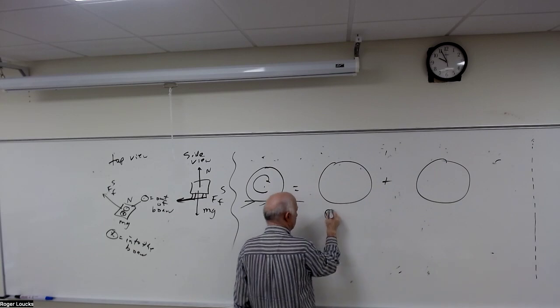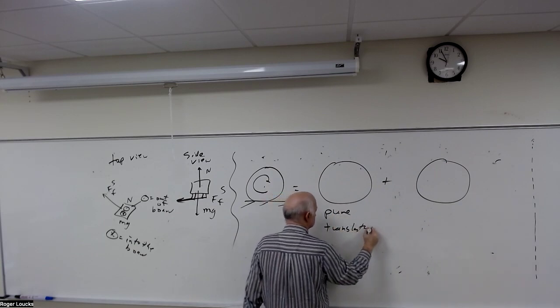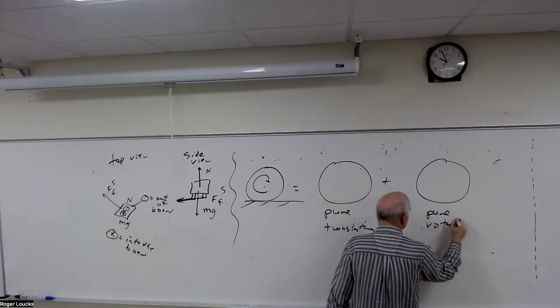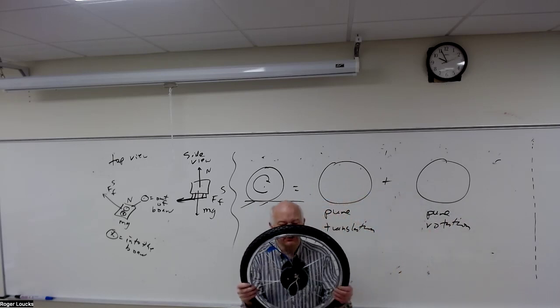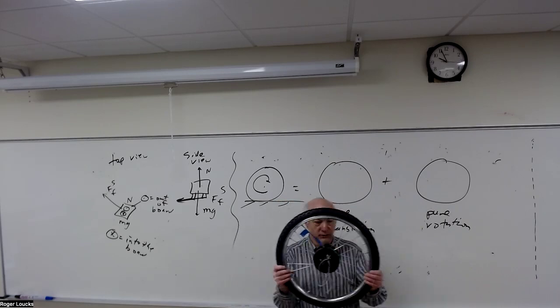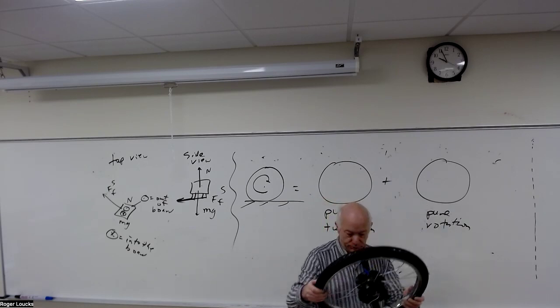It's going to be a pure translation and a pure rotation. Okay, so pure translation, if this is a pure translation, what do you think that means? The whole thing as a unit just moves like this.